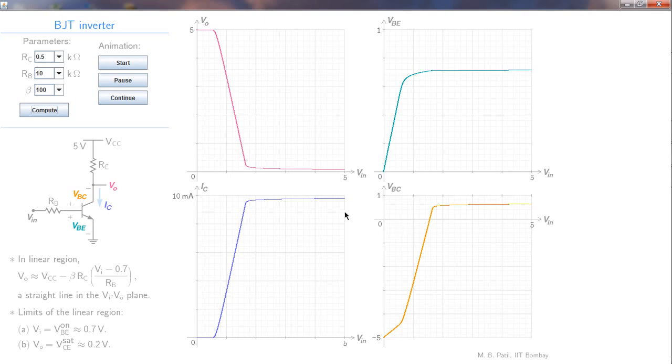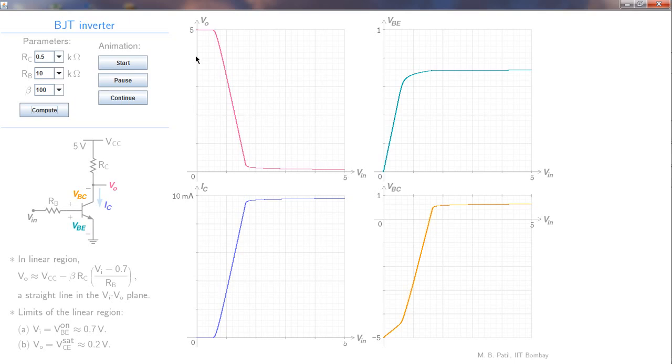This circuit, by the way, is also called a BJT inverter. This term inverter comes from digital logic, and what it means is if the input voltage is low, the output voltage is high, and if the input voltage is high, then the output voltage is low.